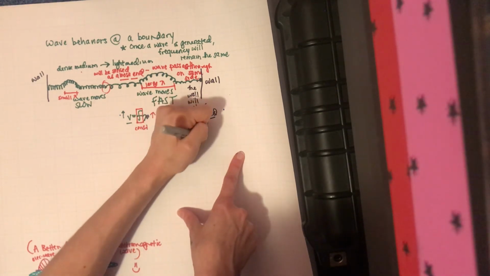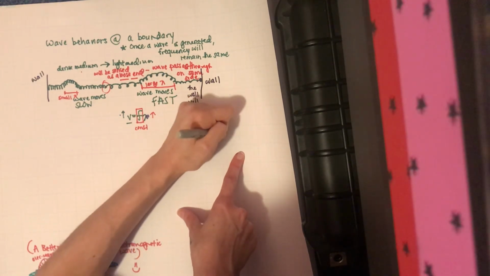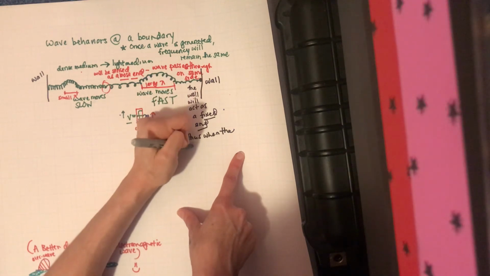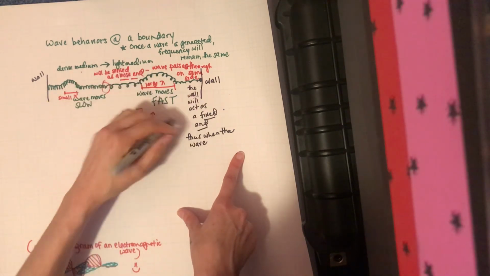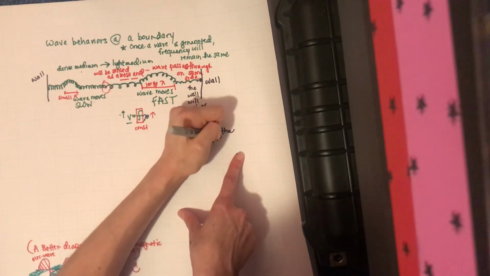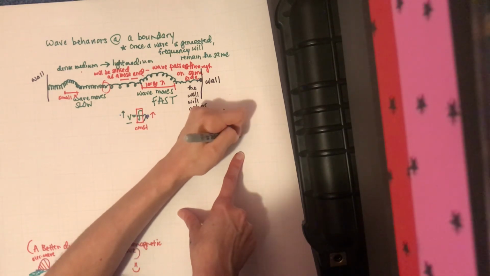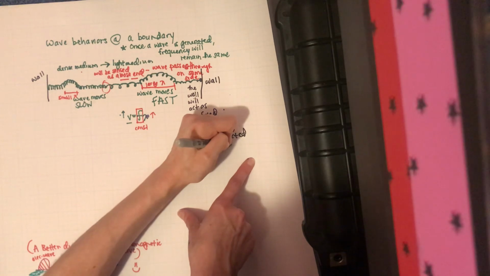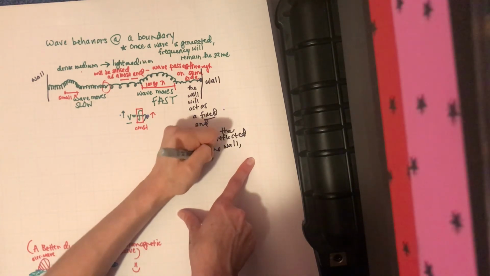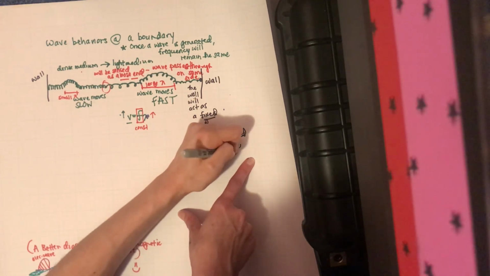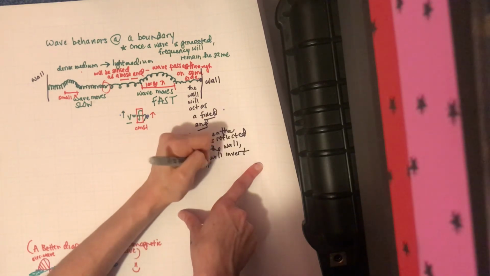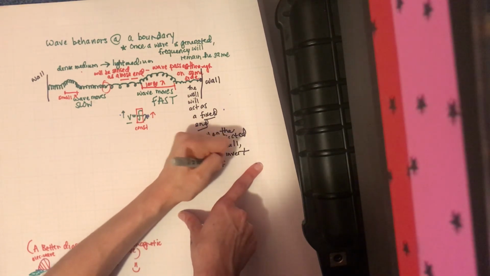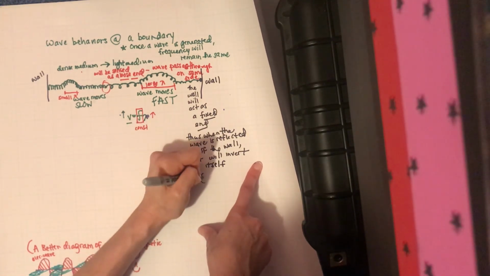Thus, when the wave is reflected off the wall, it will invert itself.